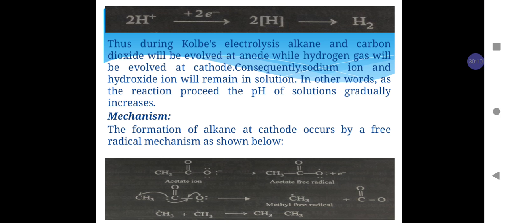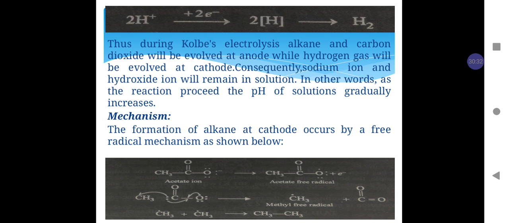According to the reaction shown in the figure, hydrogen ion accepts electrons that are produced at anode during oxidation of acetate anion to form hydrogen atom, which then combine to form hydrogen gas.